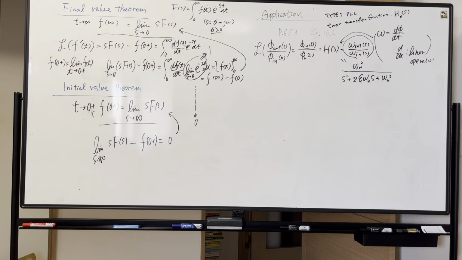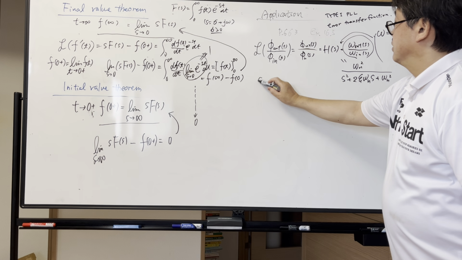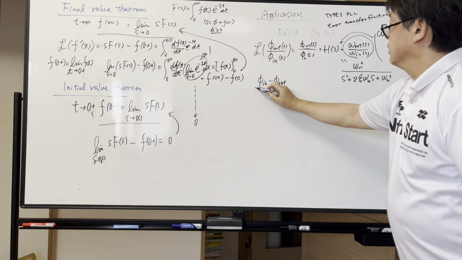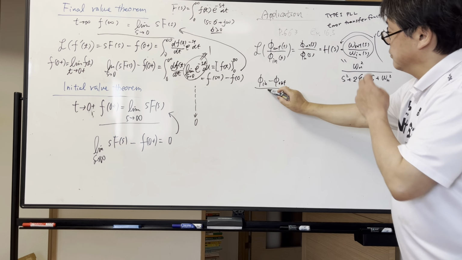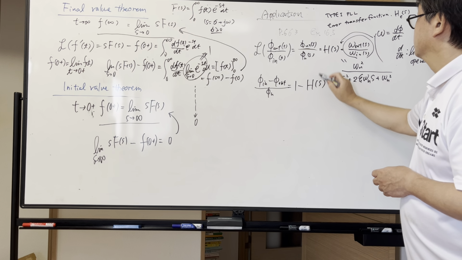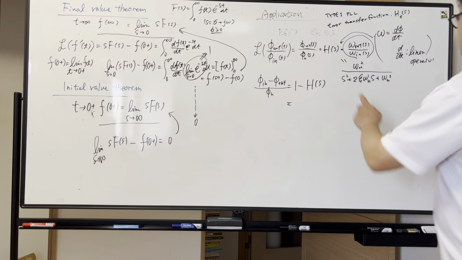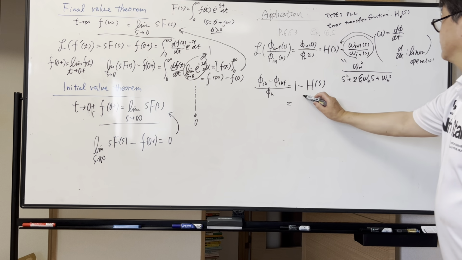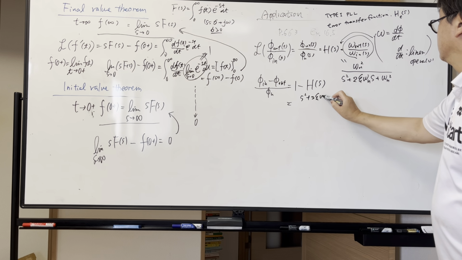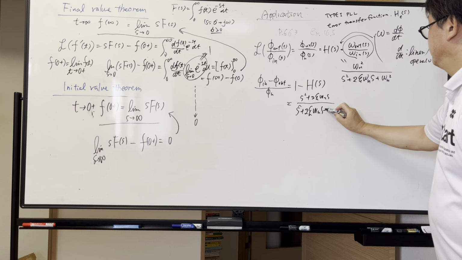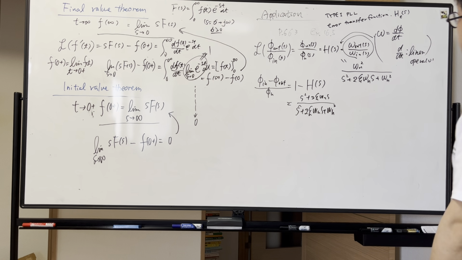The phase error is defined as phi in minus phi out, and its transfer function divided by phi in is 1 minus H of s, which is s squared over s squared plus 2 zeta omega n s plus omega n squared.